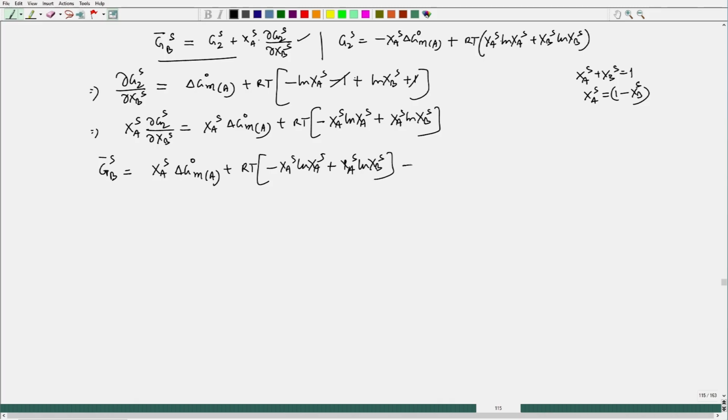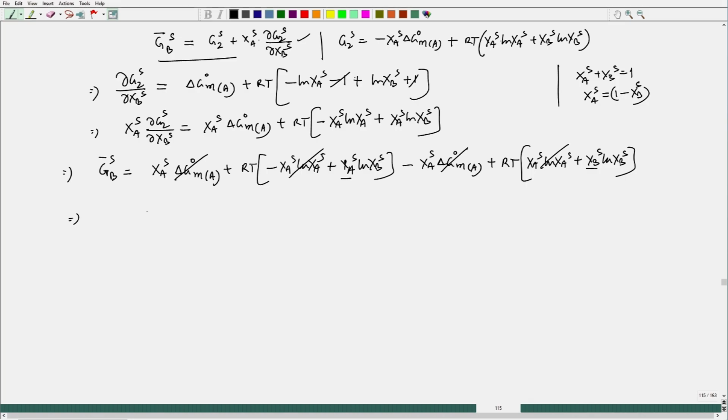Of course, G2 is minus, so minus XA solid delta G naught M A plus RT times XA solid ln XA solid plus XB solid ln XB solid. Okay, so you see that these two terms are cancelled, and of course these two terms would also be cancelled. So these two quantities, if we add them, lead to 1.